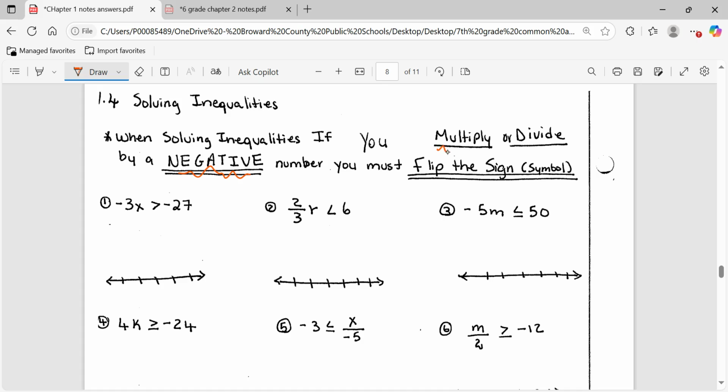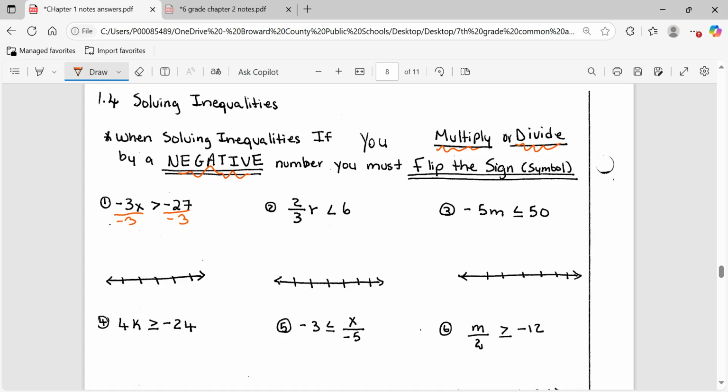So it's only when you're multiplying or dividing by a negative number that you must also flip the sign or the symbol. So let's look at number one. We have negative 3x is being divided. Negative 3x is greater than negative 27. So to get x by itself, you would divide by negative 3.